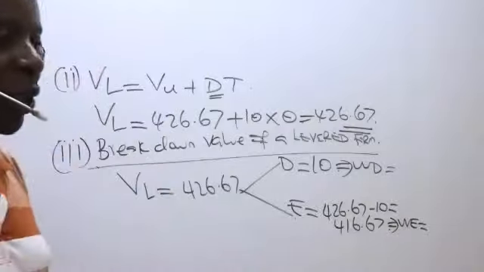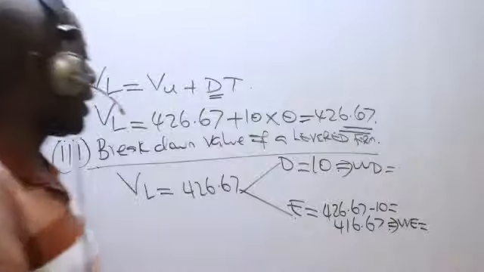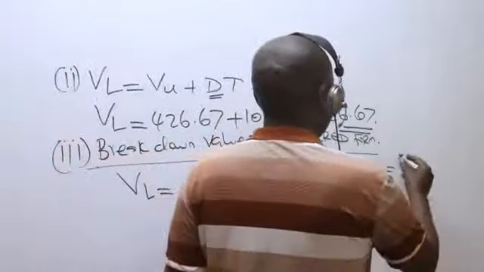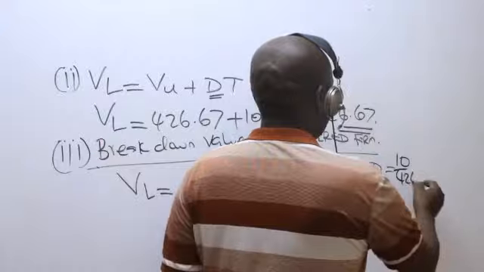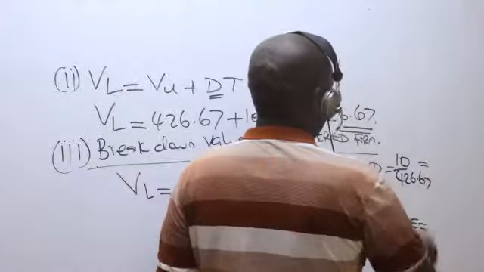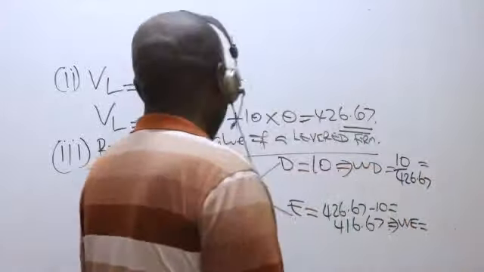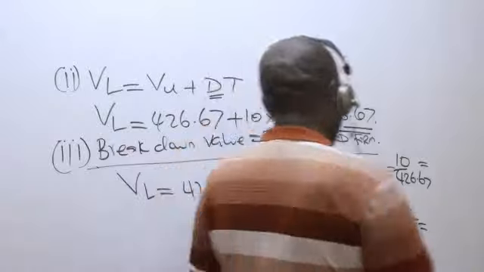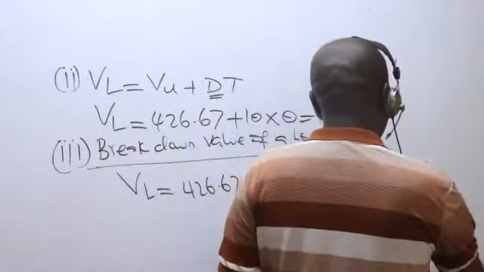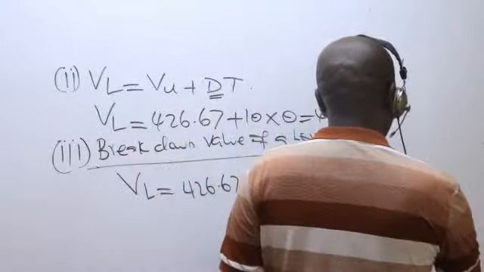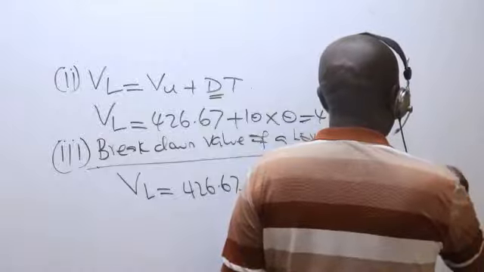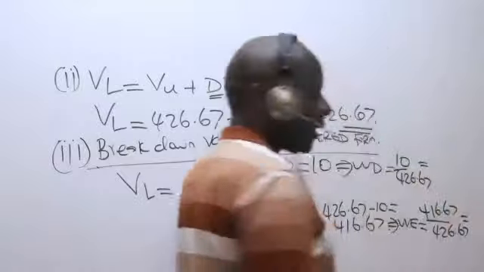What shall we do to get weight of debt? You take 10 divided by 426.67. Then weight of equity: this will be 416.67 divided by 426.67.